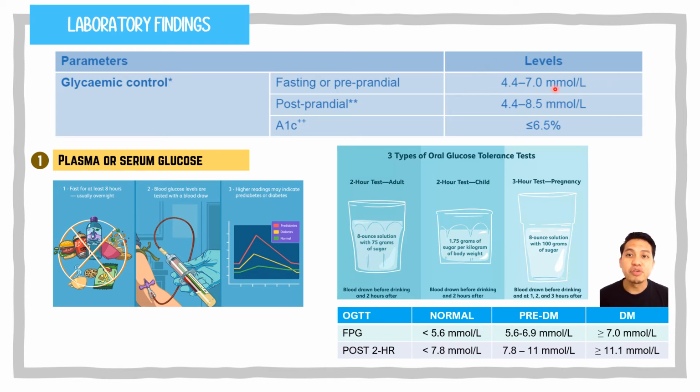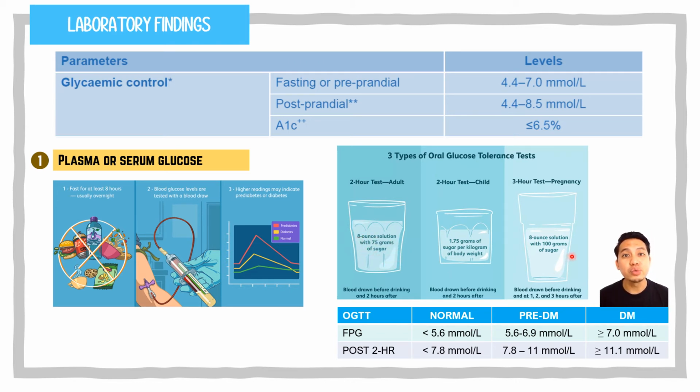As I mentioned before, the normal range of fasting plasma glucose for healthy adults should be within 4.4 to 7 millimole per liter. Oral glucose tolerance tests can also be done, in which the patient should eat nothing after midnight prior to the test day. On the morning of the test day, adults are given about 75 grams of glucose in 300 ml of water.